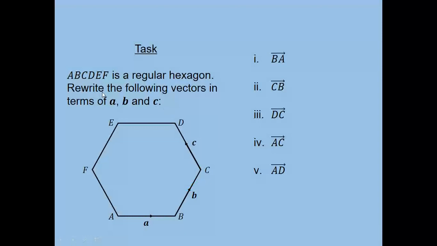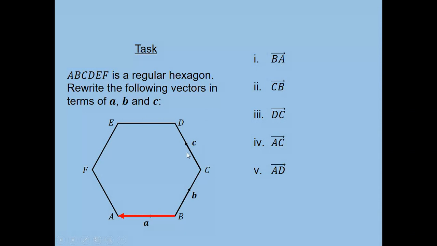Let's look at our first task. Notice A to B is given by vector a. B to C is vector b, and C to D is vector c. First question, what is vector B to A?